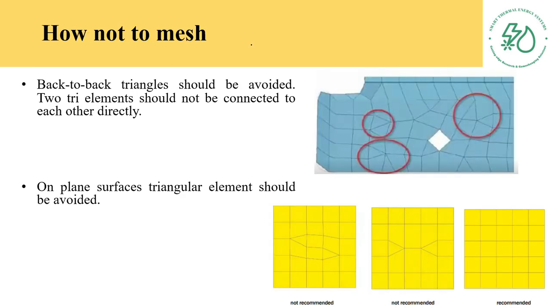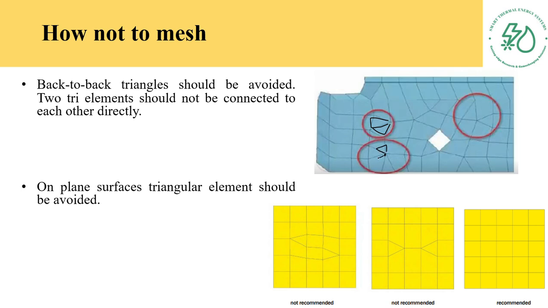Finally, I want to give some points about how not to mesh. After you mesh your geometry, you should check the mesh. When you have triangles like that, as you can see in this picture, connected back to back, it should be avoided. In addition, they shouldn't be connected to each other directly like that.